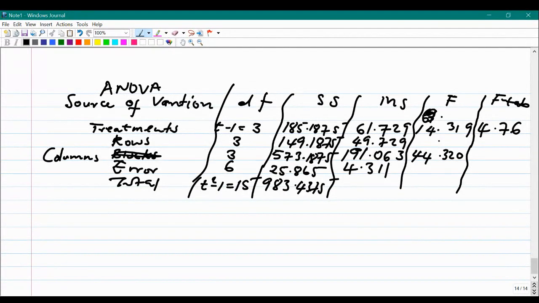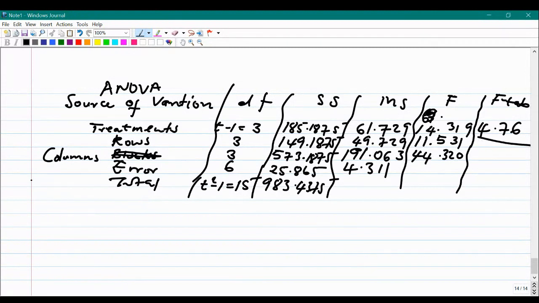Let's do the last one. 11.531. If you can check the tabulated, your tabulated is what?